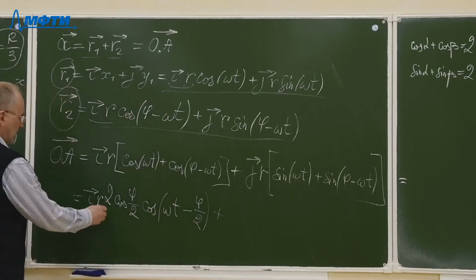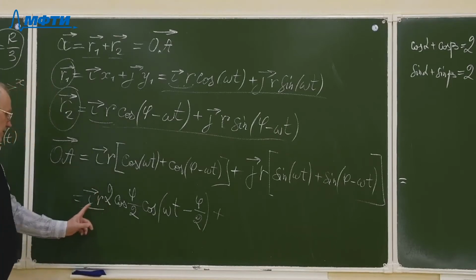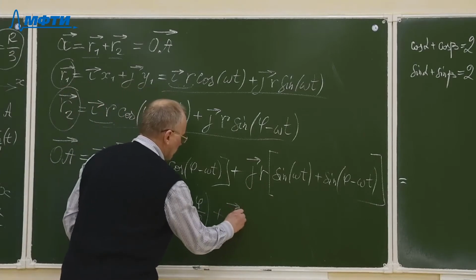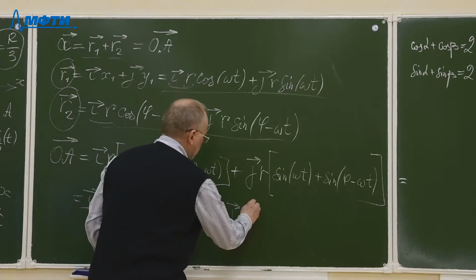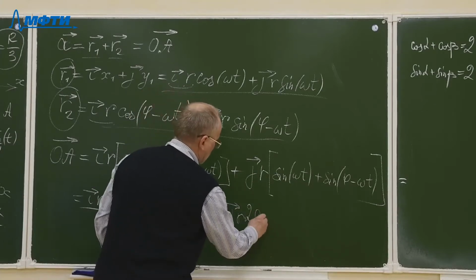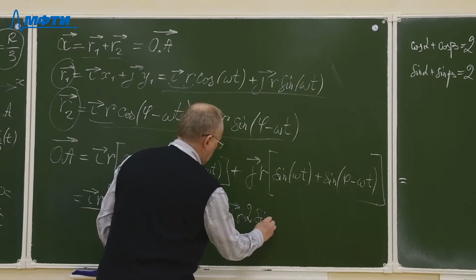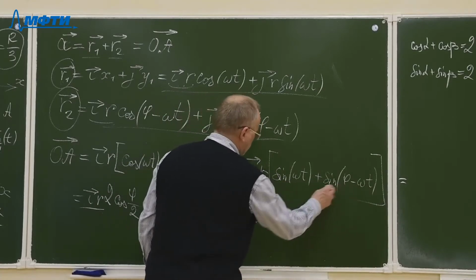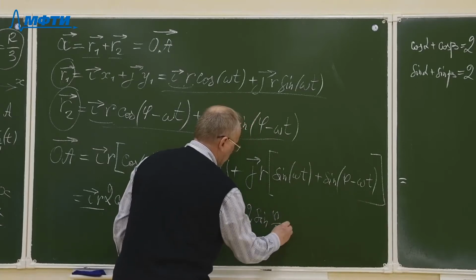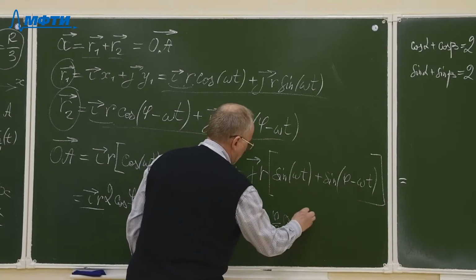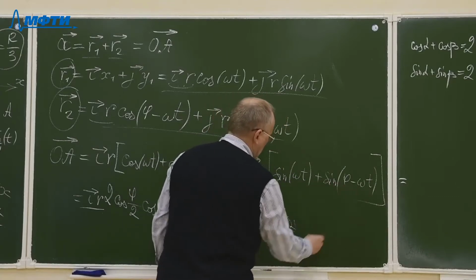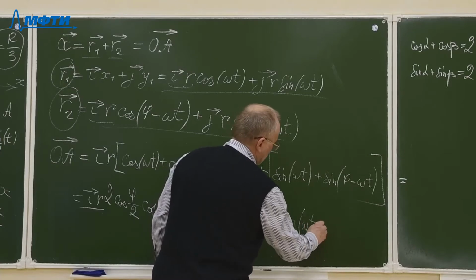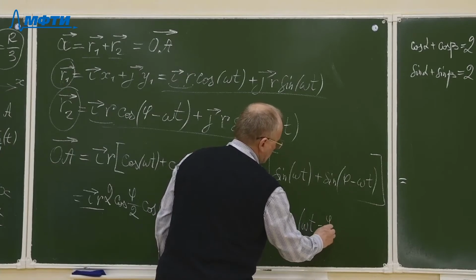And then plus the second term, which was directed along the unit vector j with amplitude r. It will be 2 sine of the sum of these two arguments divided by 2, that will be phi over 2, and cosine of the difference, that is 2 omega t divided by 2, that is simply omega t minus phi over 2.